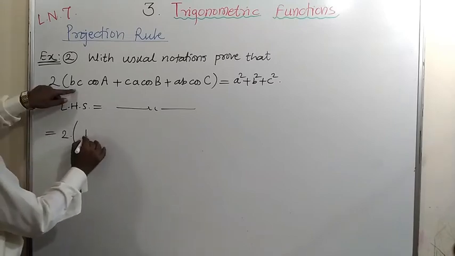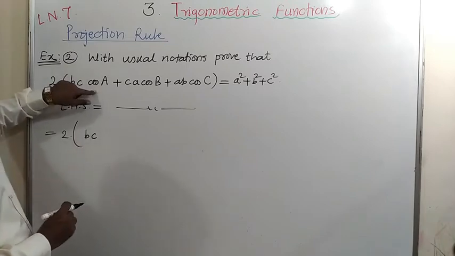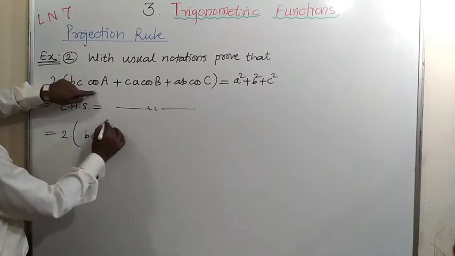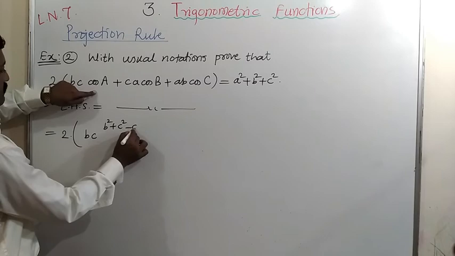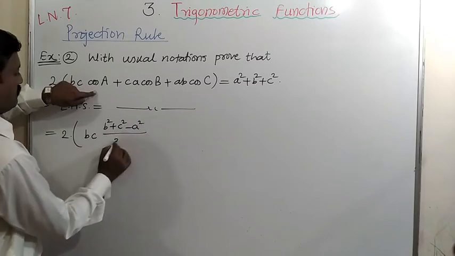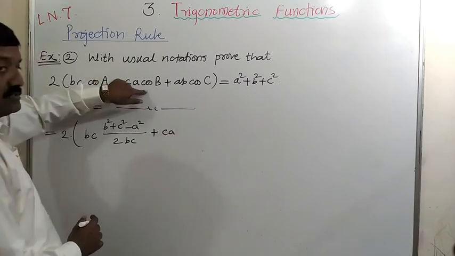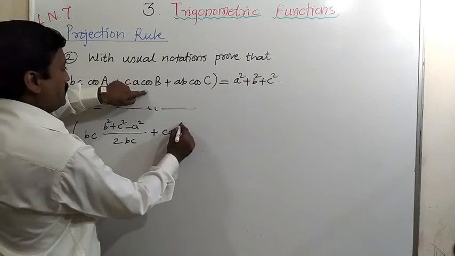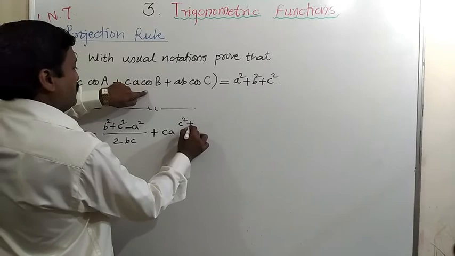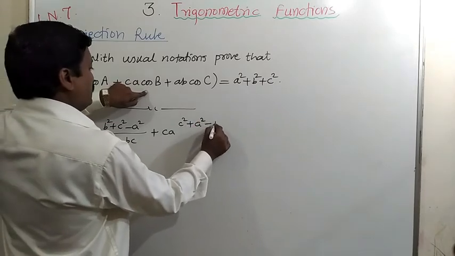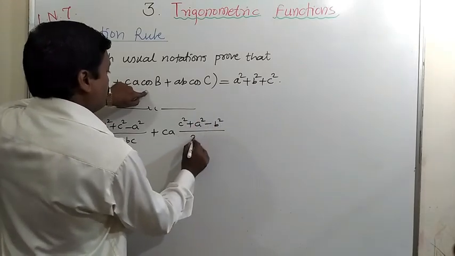in bracket bc. What is cos A? Cos A is nothing but b square plus c square minus a square upon twice bc, plus ca into what is cos B? Cos B is nothing but c square plus a square minus b square upon twice ca.